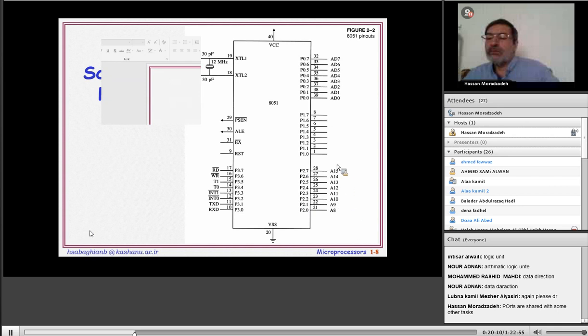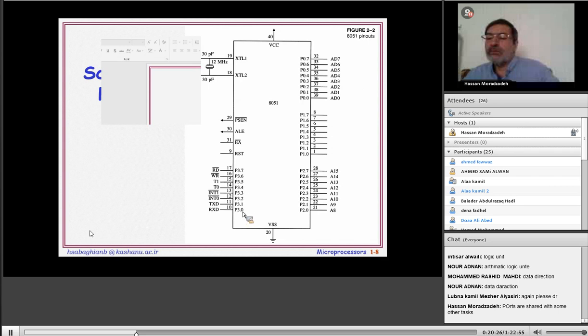Here maybe you have port 0 or maybe address bus A0 to A7 or maybe data bus D0 to D7.